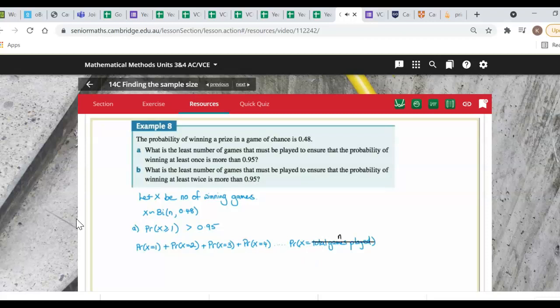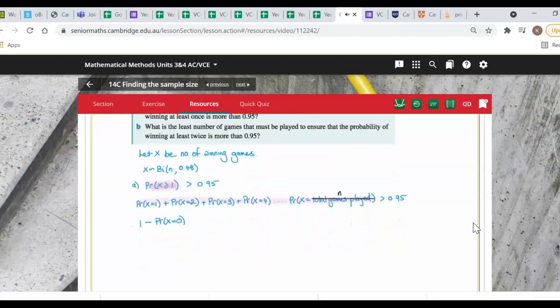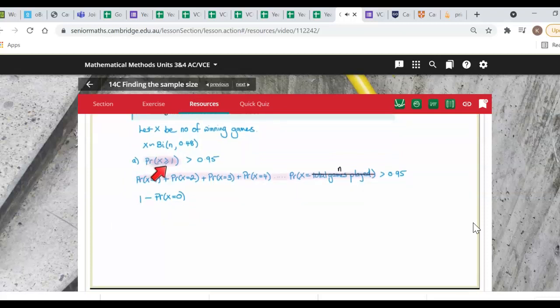we're trying to find. So another way that we can express all of this is we can recognise that this is all of the probabilities excluding the probability that x is equal to 0. So the way that we can write the probability that x is greater than or equal to 1 is the same as 1, everything, subtract the probability that x is equal to 0. So all of this has to be greater than 0.95.